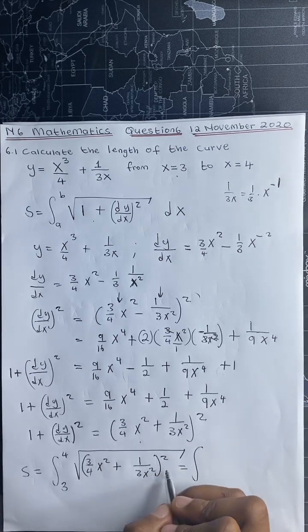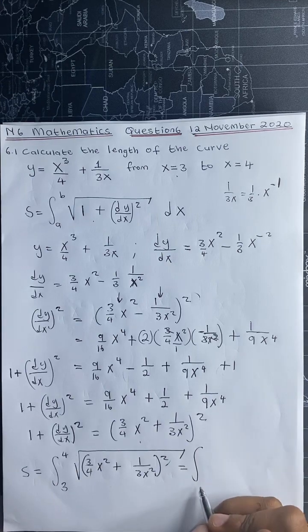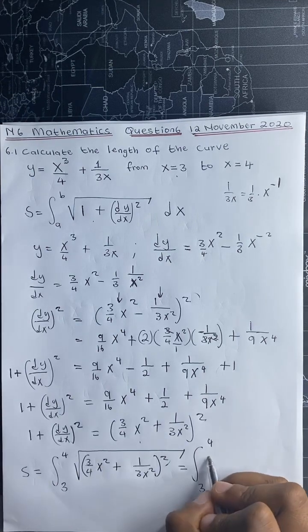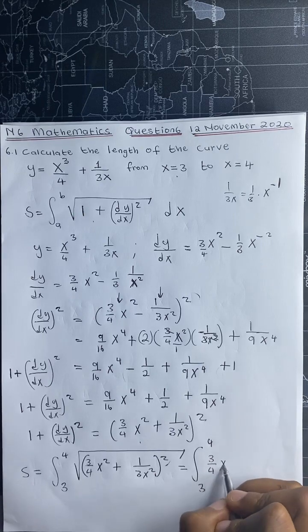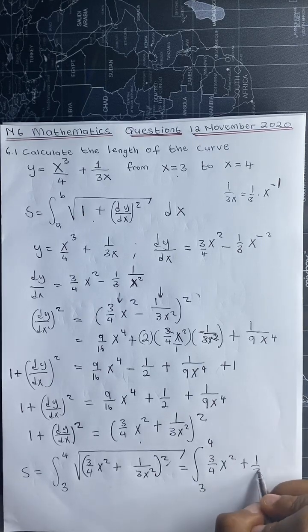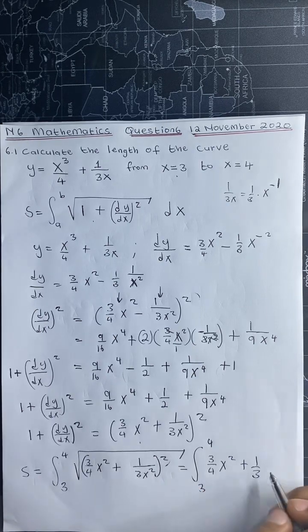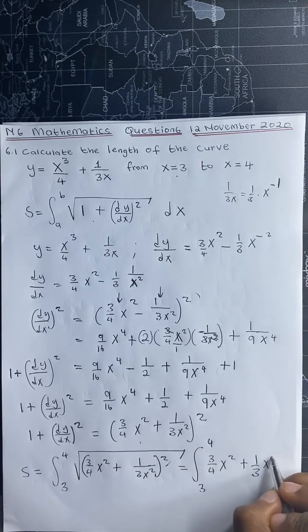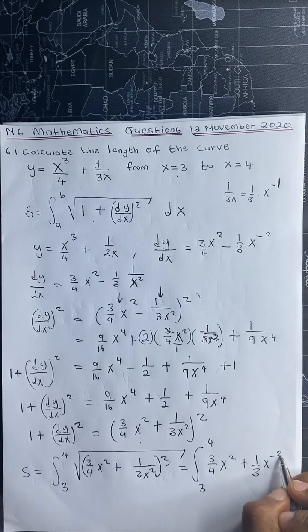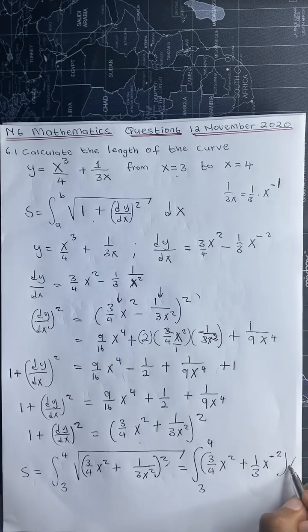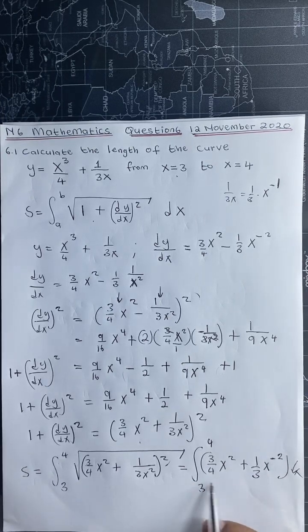So this square root will cancel out with that square, and we'll be left with the integral from 3 to 4 of 3 over 4 x squared plus 1 over 3, and that x squared is in the denominator, so we can express it to be in the numerator, and we'll have to put that negative, dx. So now we have to integrate this.